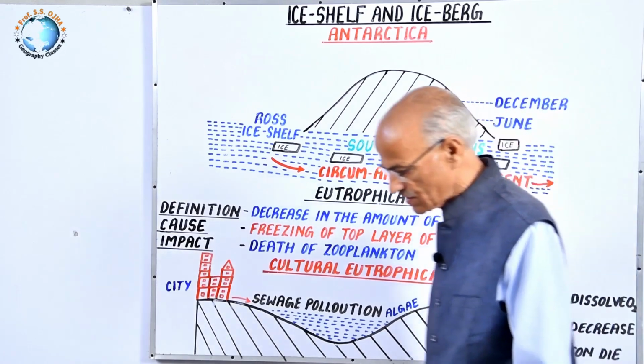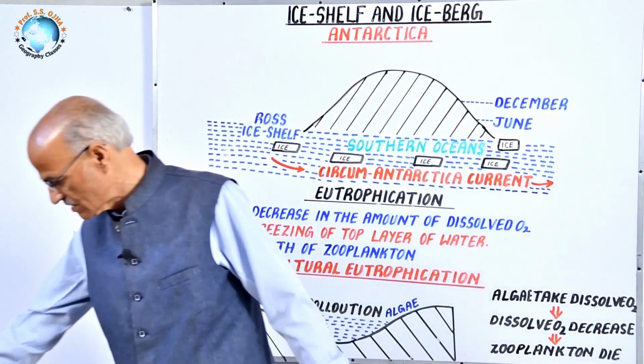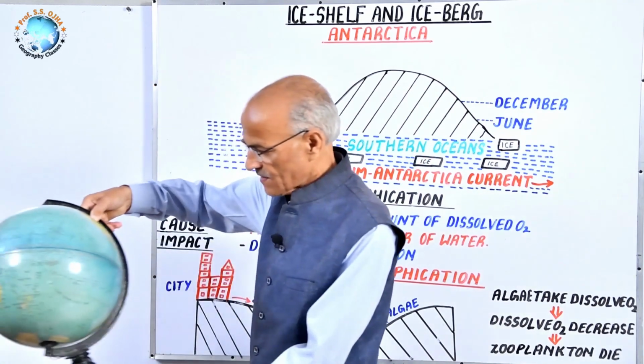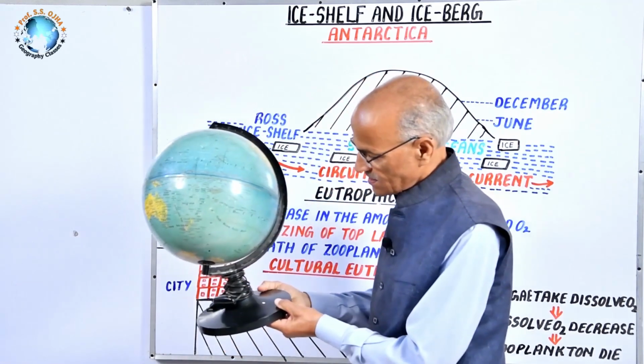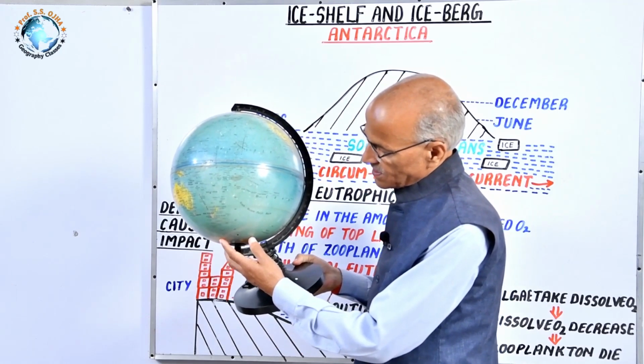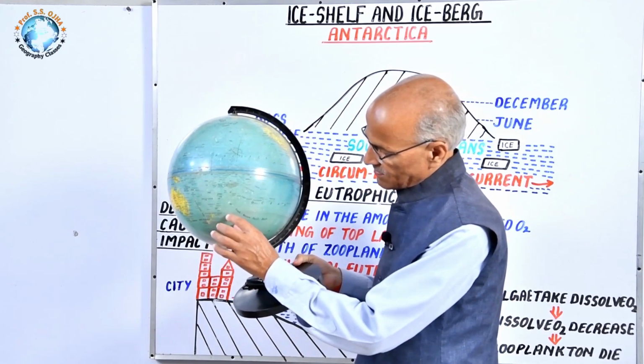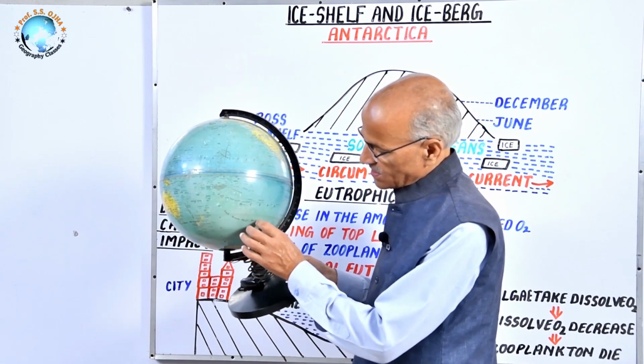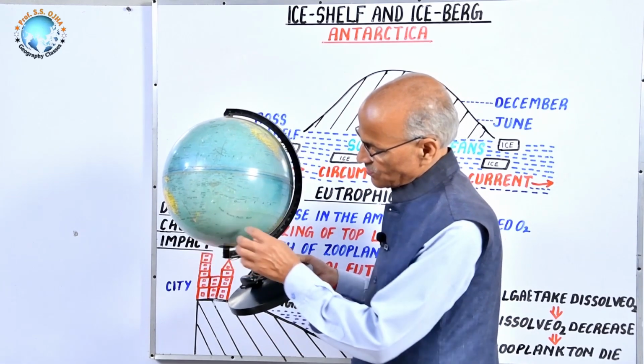If you see on the globe, you will see the Antarctica continent located on the South Pole, and surrounding it there is a circum-Antarctica polar current moving from west to east.